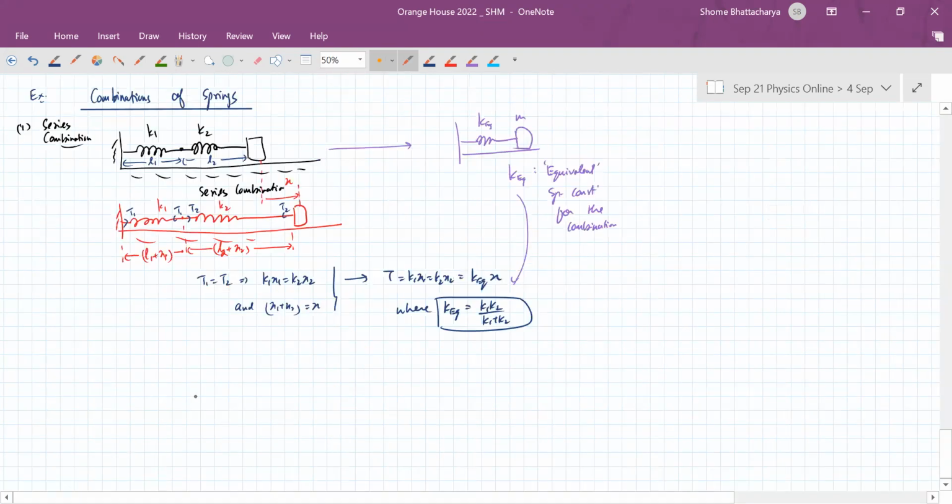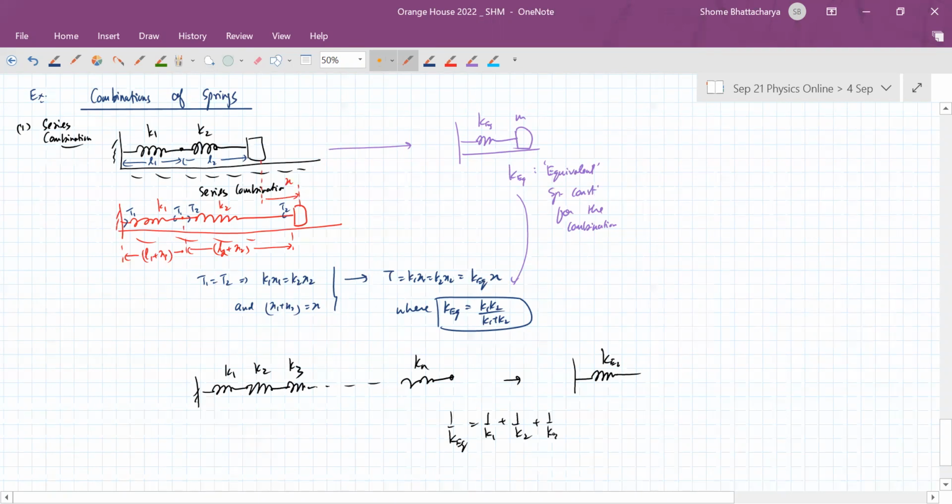So in general, if we have more than two, we have n number of springs, then they are equivalent to a single spring, such that this is the general formula.